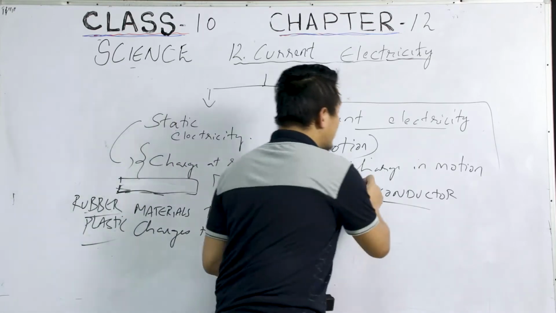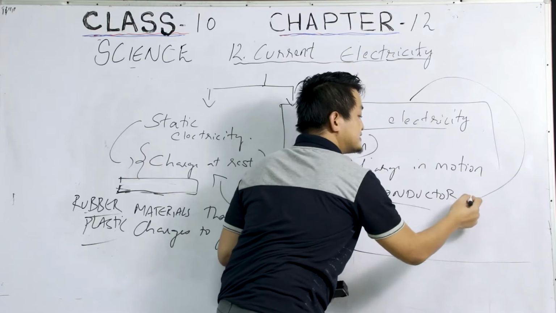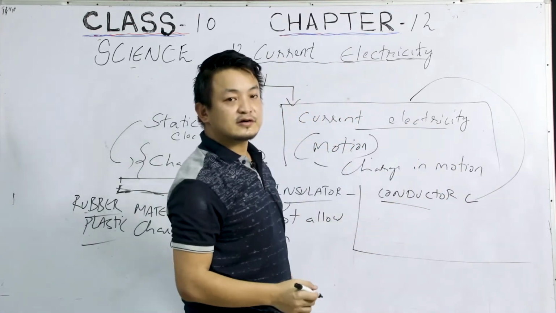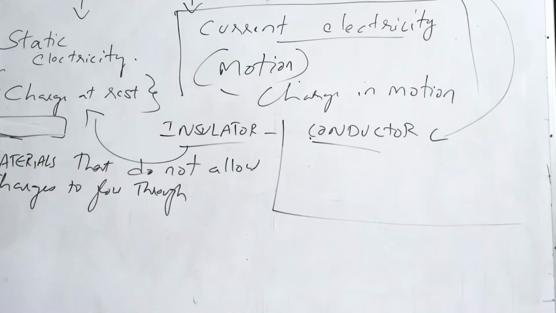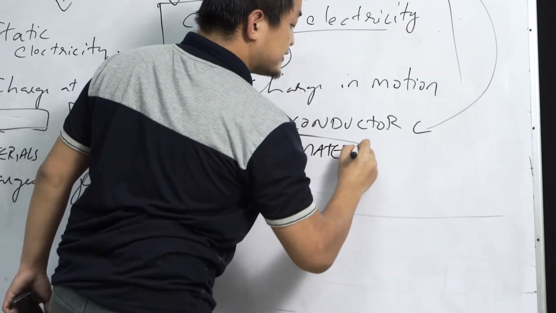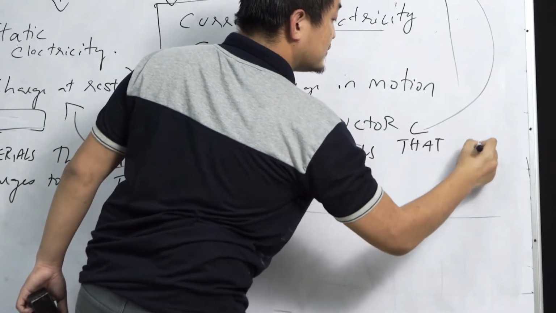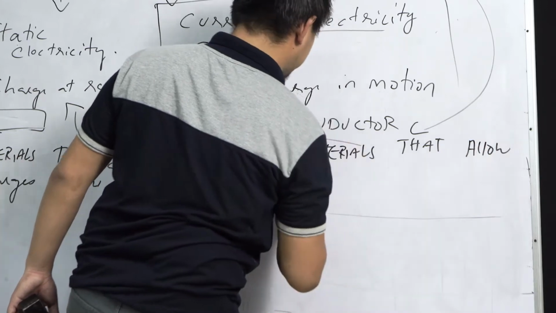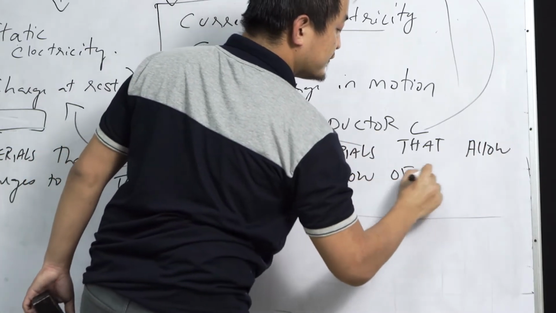But what about the conductor? Because current electricity has to do with conductors. Now conductor means materials that allow the flow of charge.